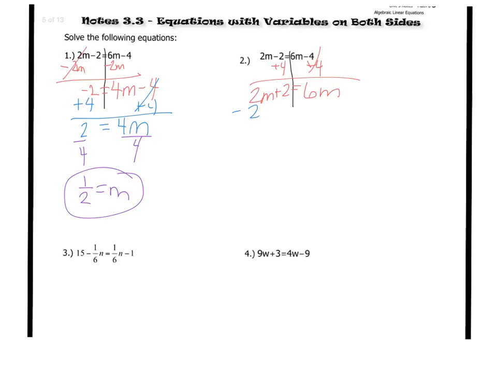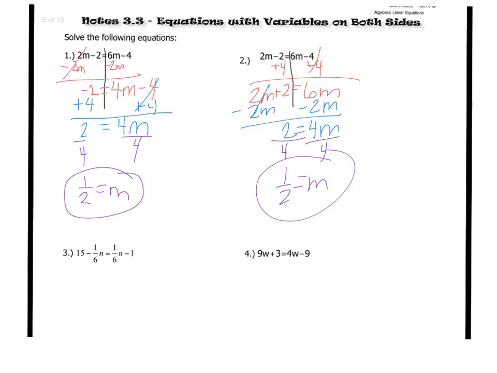We're going to subtract 2m from both sides. 2 equals 4m. This should look familiar by now because it's the same as before. So 1/2 equals m. You could choose to rewrite those as m equals 1/2. It's the same thing.